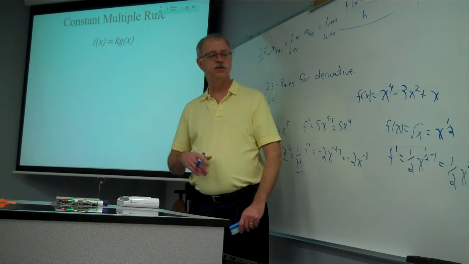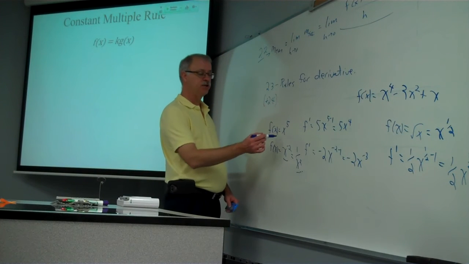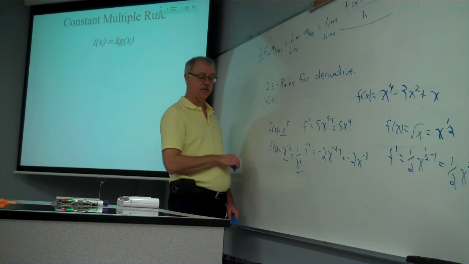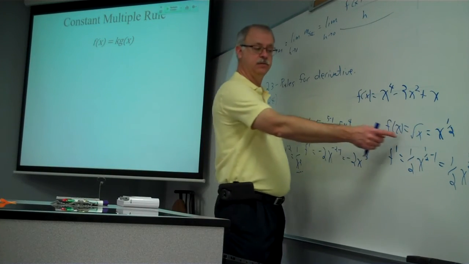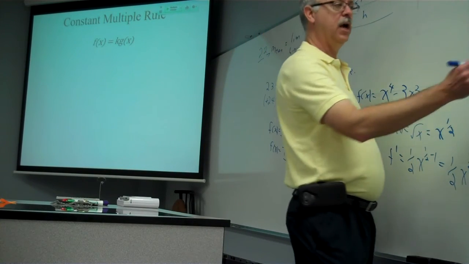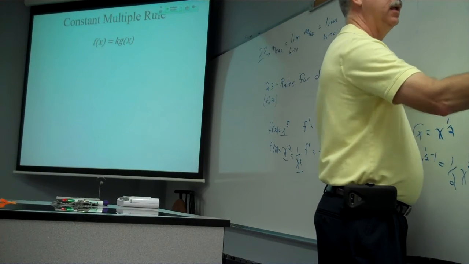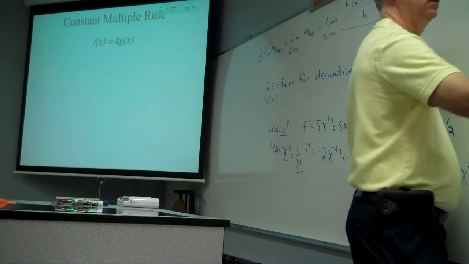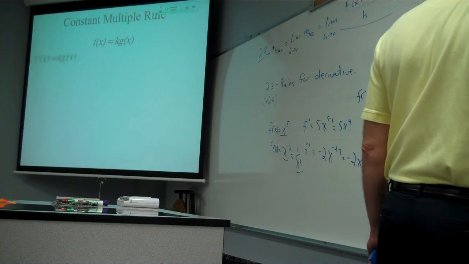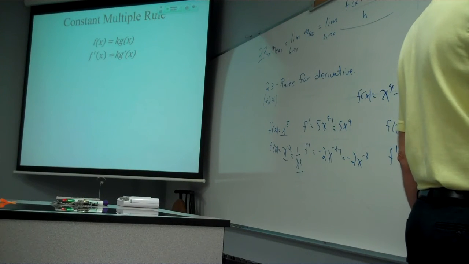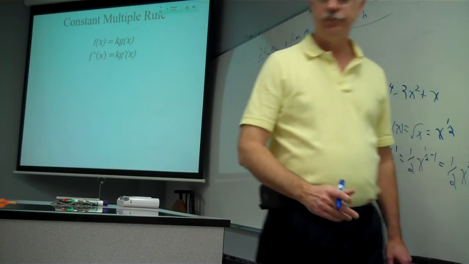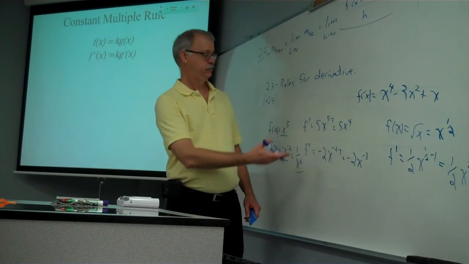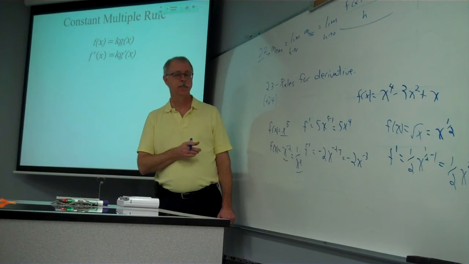Next rule. Well, what if there's a constant multiple? So instead of just x to the 5th, it's something times x to the 5th. Or some constant times x to the negative 2nd. Well, fortunately for us, if it's just a constant multiple, the derivative is the constant multiple times the derivative of the power in this case.